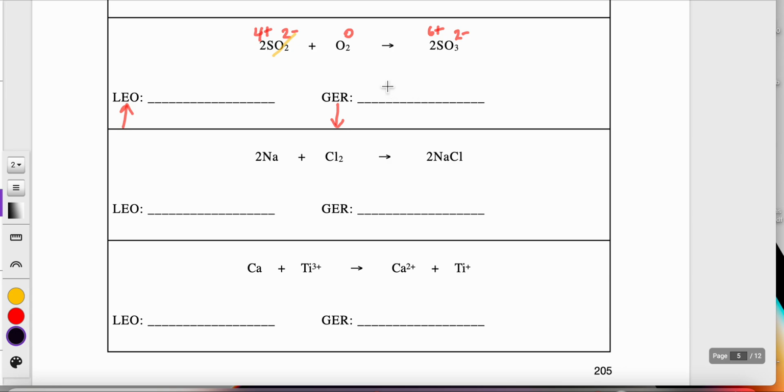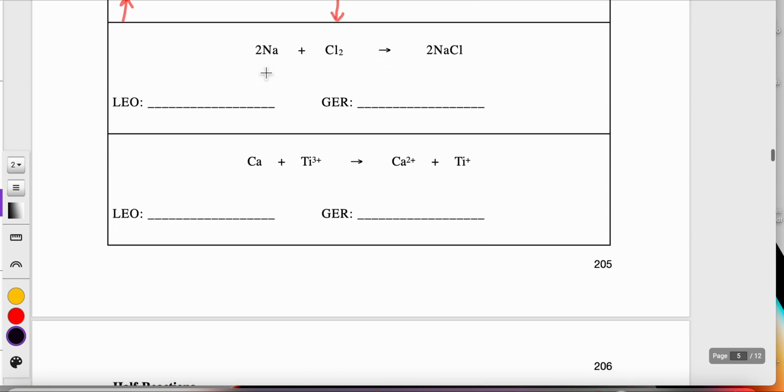So the oxygens that we assigned an oxidation state of 0 end up with an oxidation state of -2. The S starts off with a +4 and ends with a +6. So +6 is higher up the ladder than +4. So our LEO process occurs with the sulfur +4.